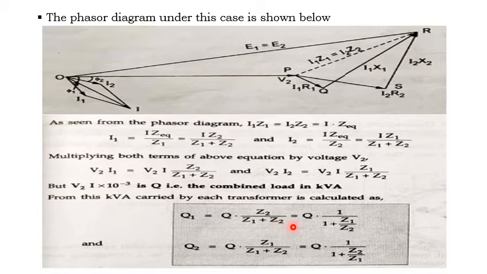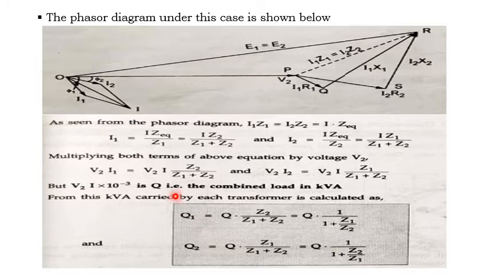This can be rewritten by bringing Z2 into the denominator as Q times 1 divided by 1 plus Z1 divided by Z2. Similarly, Q2 is equal to Q Z1 divided by Z1 plus Z2, which equals Q times 1 divided by 1 plus Z2 divided by Z1.